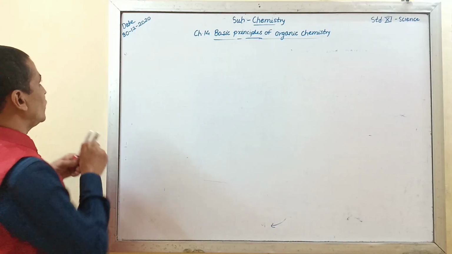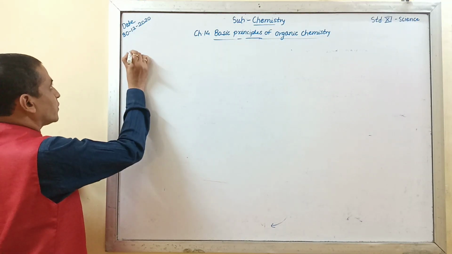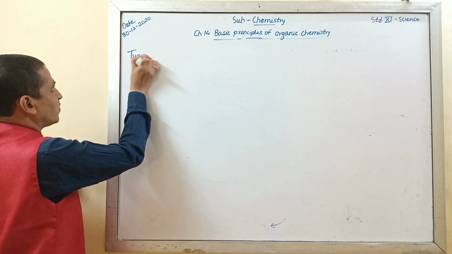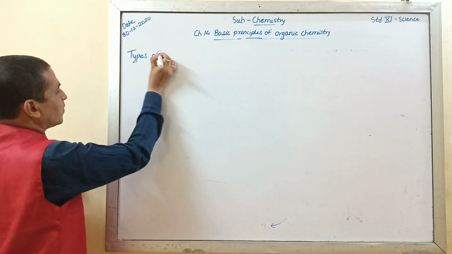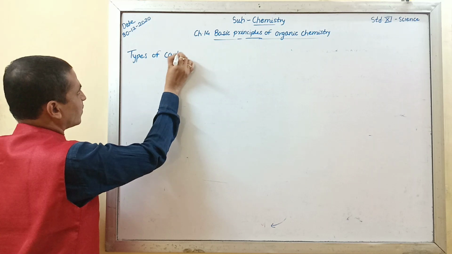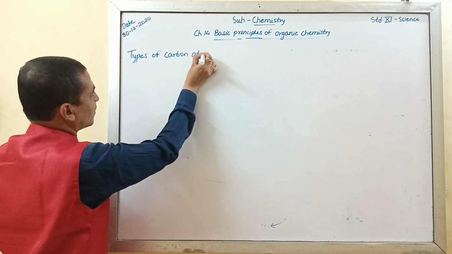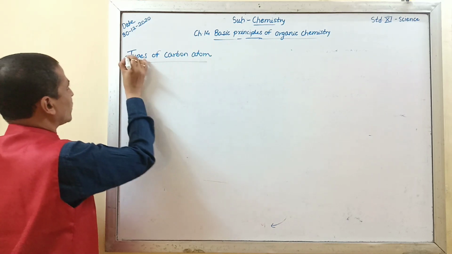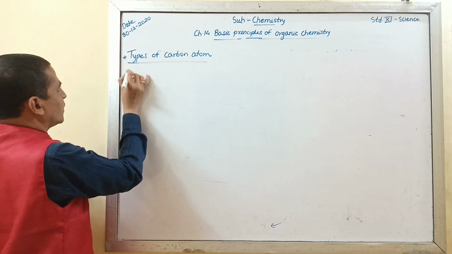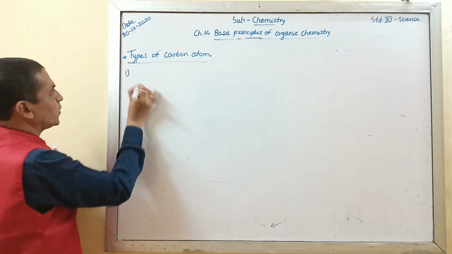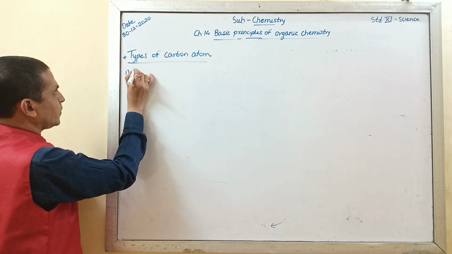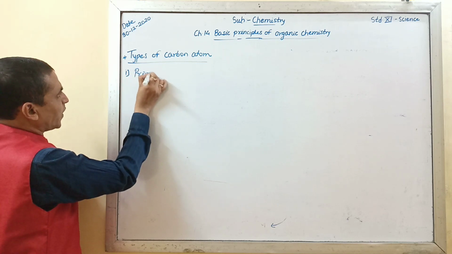Now we will study about types of carbon atom. There are 4 types. First, primary carbon atom.